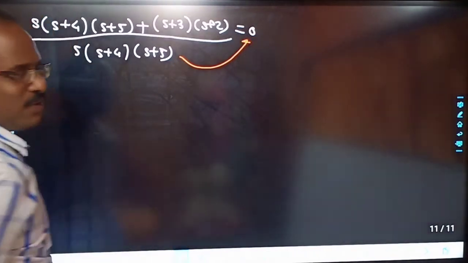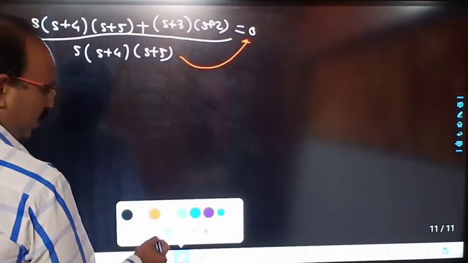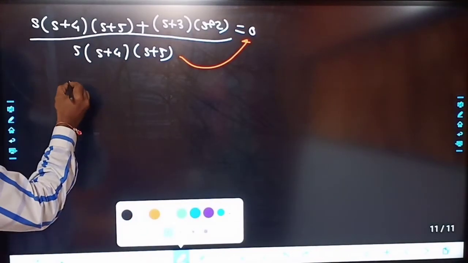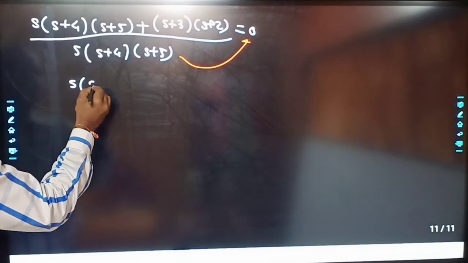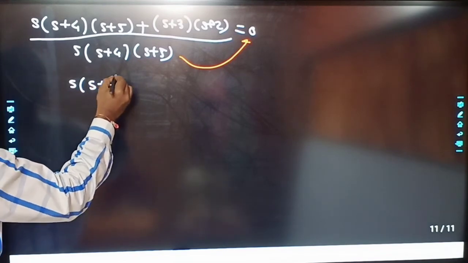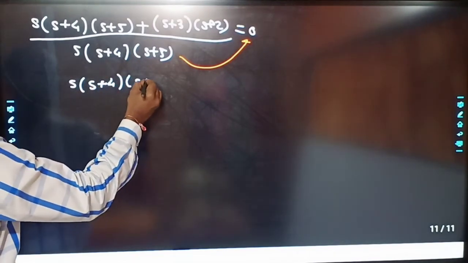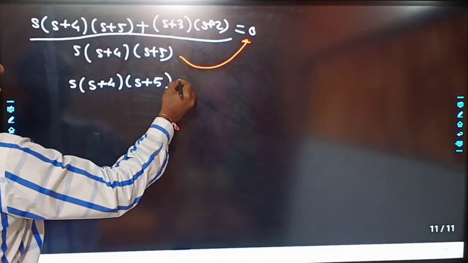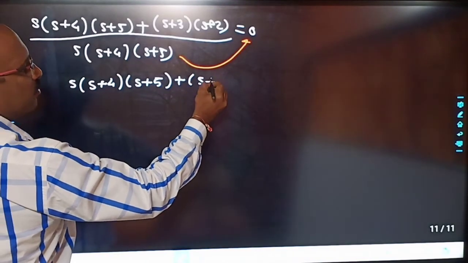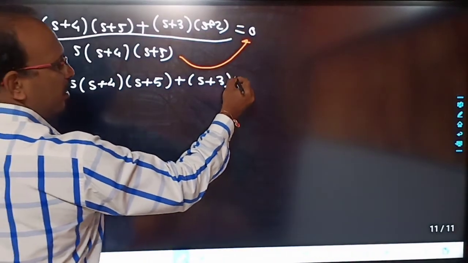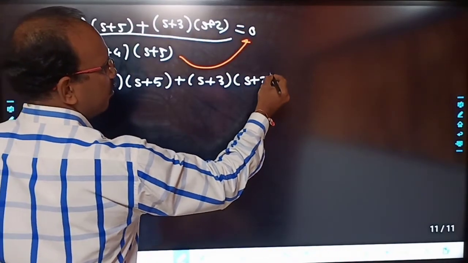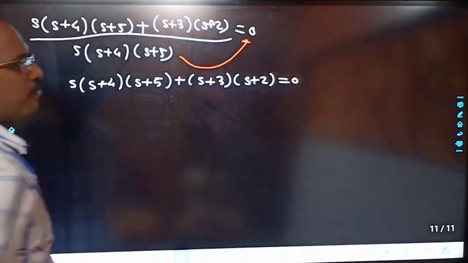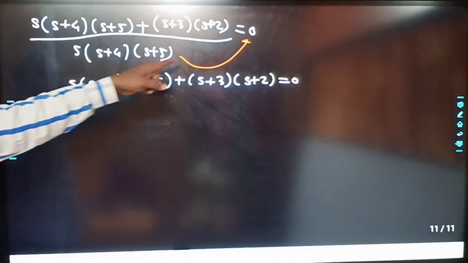This becomes 0. Okay, so here I write now S plus 4, S plus 5, plus S plus 3, S plus 2 equals 0, because this term becomes 0.